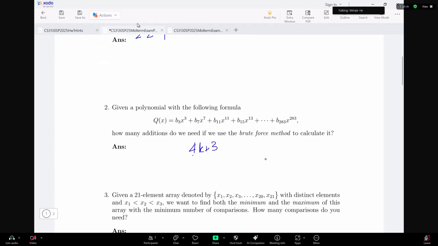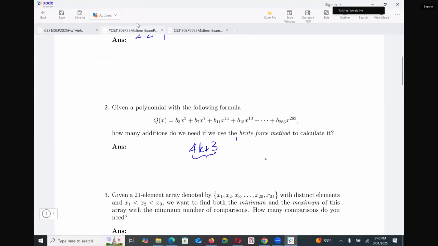But quite a few students gave me 3k plus 4. The formula is wrong. That's the common problem.